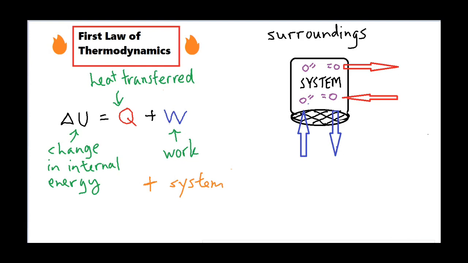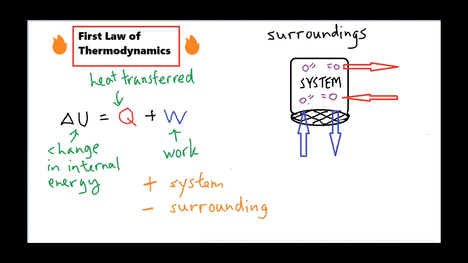And we'll get a little bit more into the system and surroundings, but you see a little diagram I have here to the right, so you can see what the system is. And then if you are subtracting Q and W, then you are taking the perspective of the surroundings. So you're really talking about the same thing from two different viewpoints. And we'll talk about why you would do those things a little bit later.